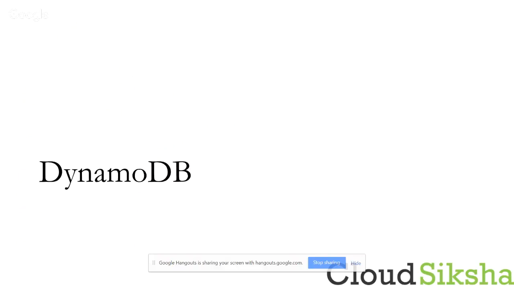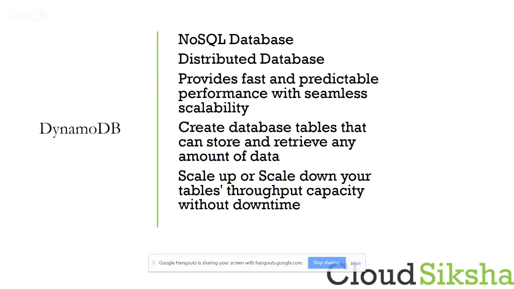DynamoDB is a NoSQL database. It's what is called a distributed database. What does it mean, a distributed database? It means that the database is not stored in one single disk.